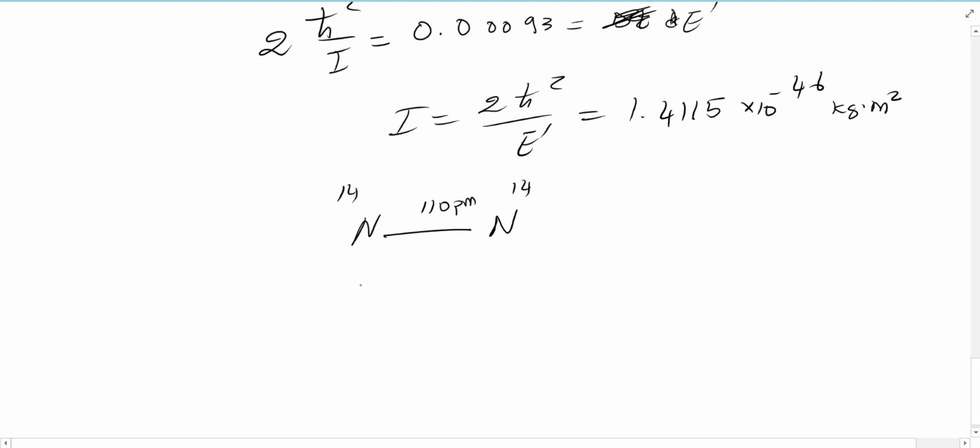In the case of carbon monoxide, CO, you have 12 and 16, and the separation between them is 118 picometers. And finally they tell you that nitrogen 14 combined with oxygen 16, the separation between them is 115 picometers.